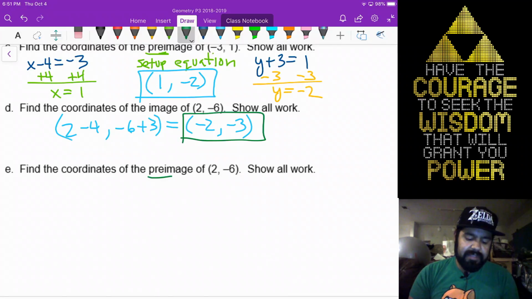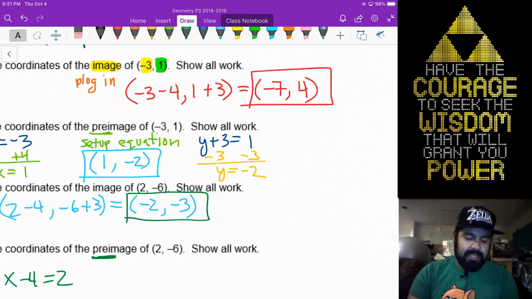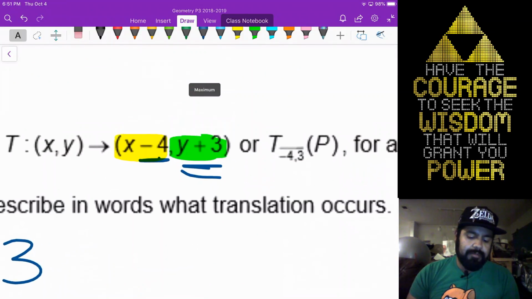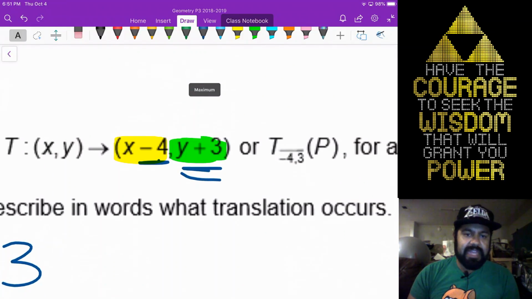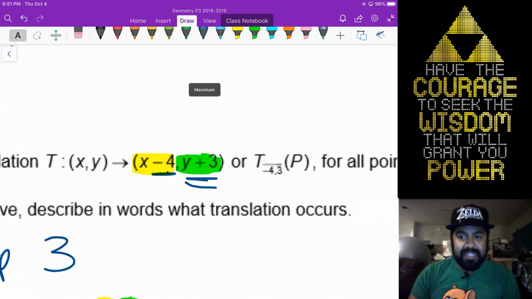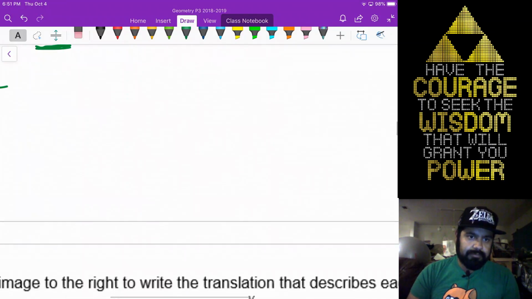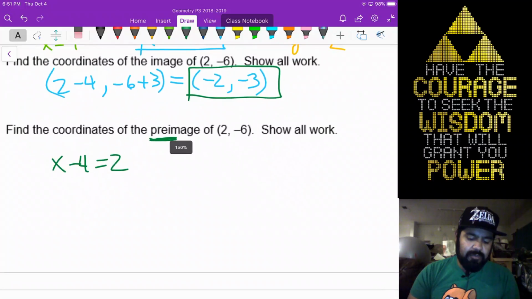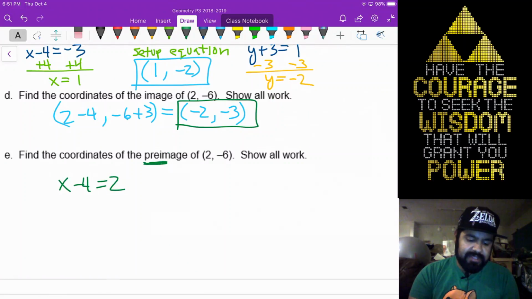This one here, we're looking for the pre-image, so we're going to set up that equation. x minus 4 equals 2. Again, if you don't remember where I got that x minus 4, it comes from our original equation that's going to be given to us. That is our translation rule. And then again, the y coordinate's equation is going to be y plus 3 equals negative 6.